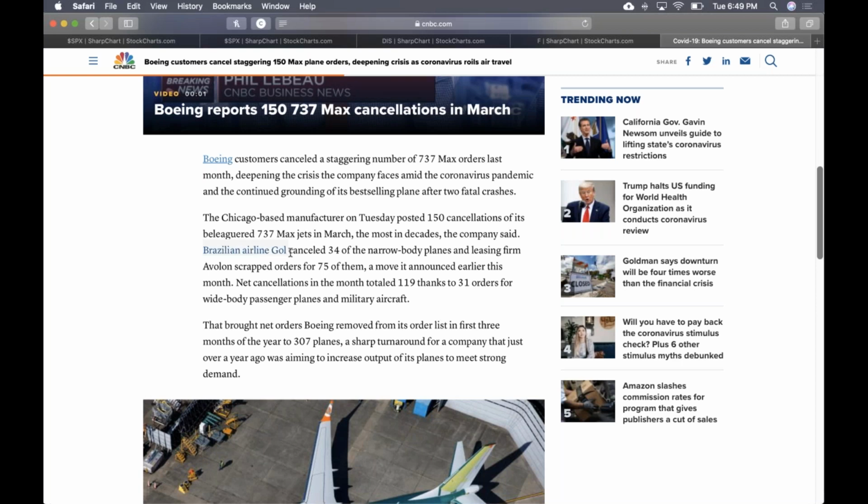But let me just point a couple things out. Brazilian airline Gol canceled 34 of their new narrow-body planes. Avolon, a leasing firm. Have any of you guys heard of these airlines? Because I haven't.